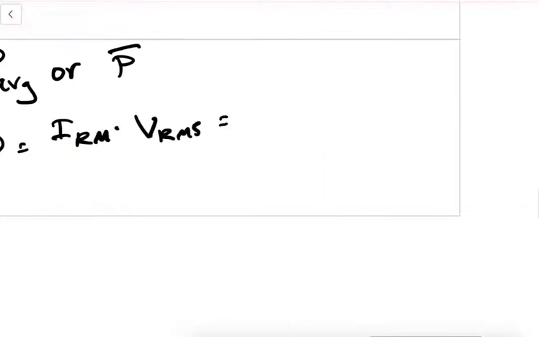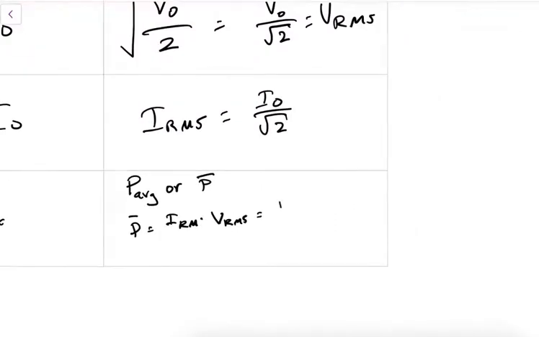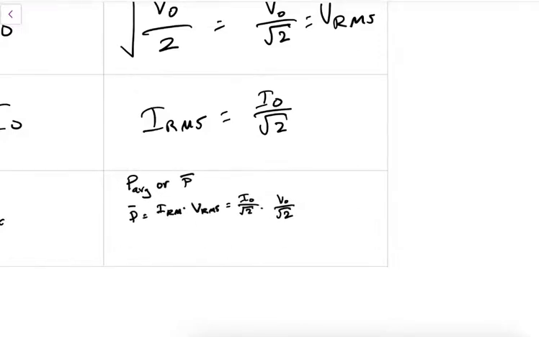If I plug my values in, I get I naught over square root of 2 times V naught over square root of 2, and that just becomes I naught times V naught over 2. And that's your average power.